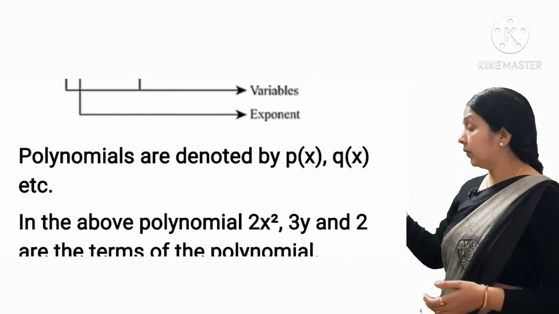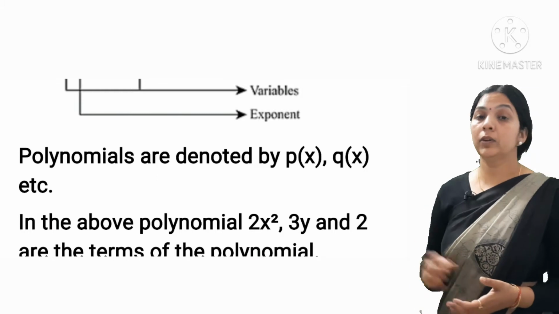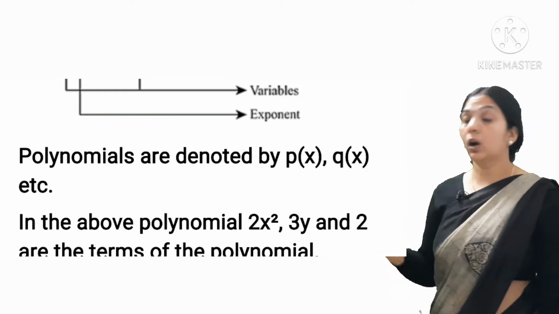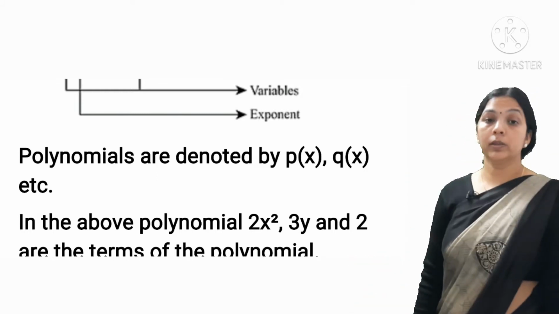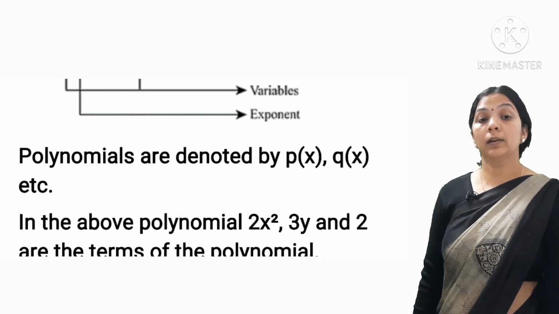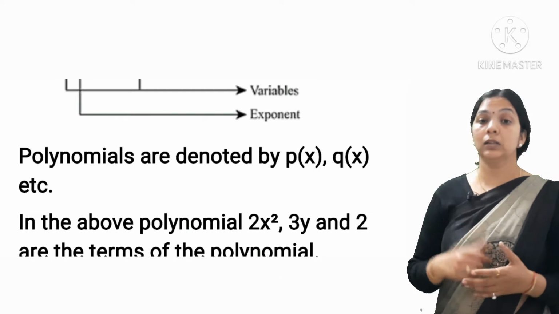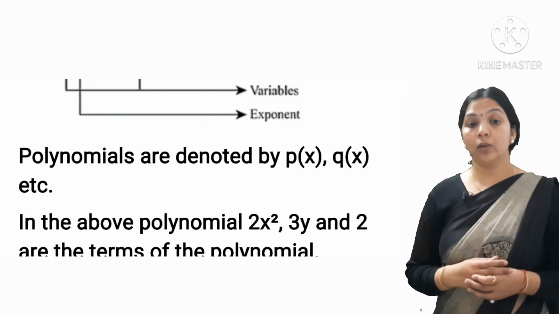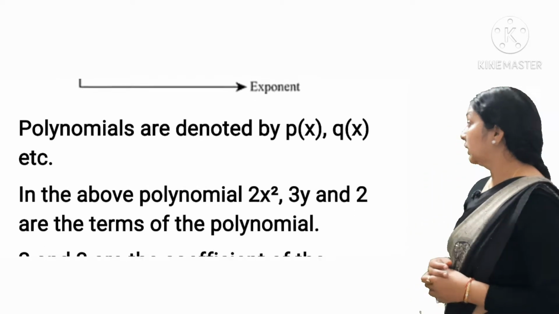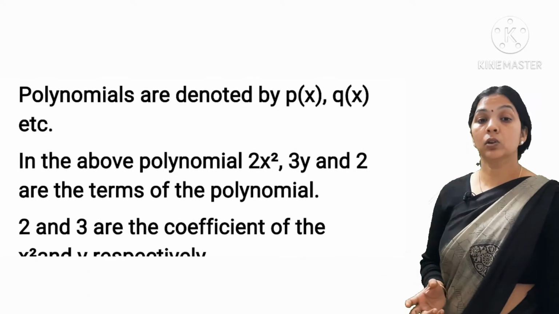If the variables are in the form of y, then we denote p(y). So this is how we denote the polynomials. In the above polynomial, you have seen that 2x square, 3y and 2 are the terms of the polynomial. 2 and 3 are the coefficients as we discussed already.